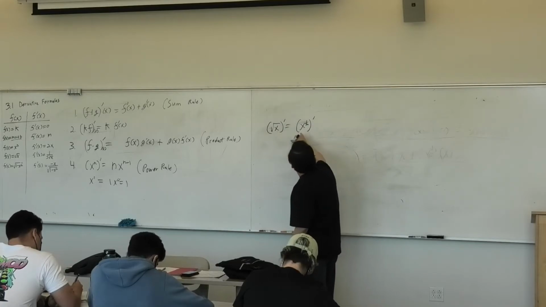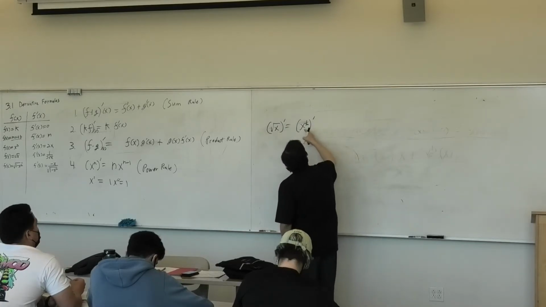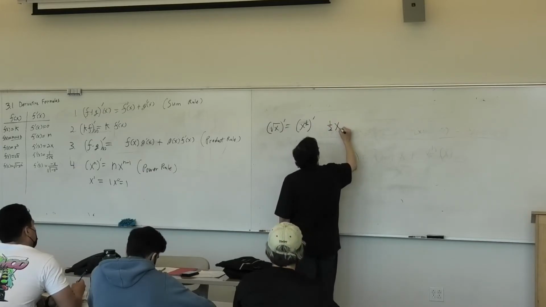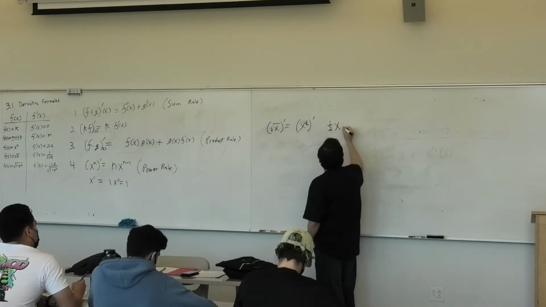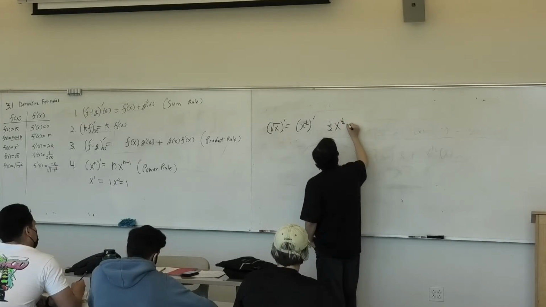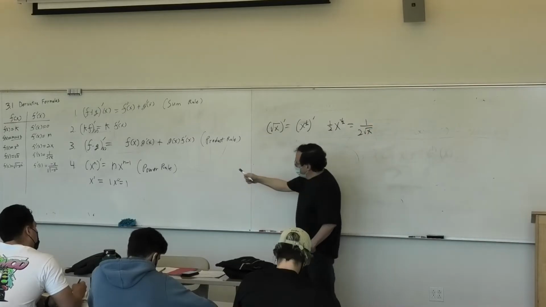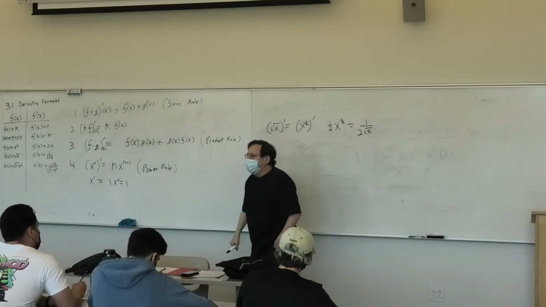If I apply the power rule here, what do I get? I get 1/2 x to the 1/2 minus 1, negative 1/2. It's 1 over 2 square root of x. That's exactly what we found the hard way.